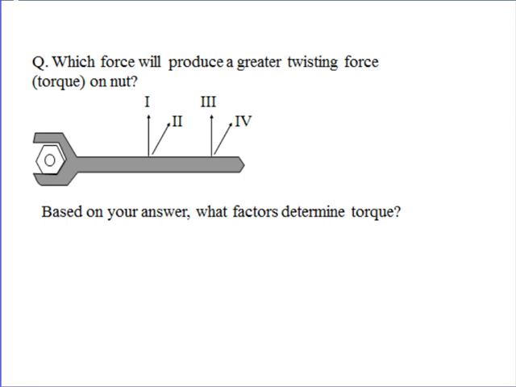Switching gears, I want to talk about that torque that we passed over earlier. I have a wrench and I'm trying to make this bolt turn, trying to put a twisting force on it, what we speak of as a torque. And I have these 4.